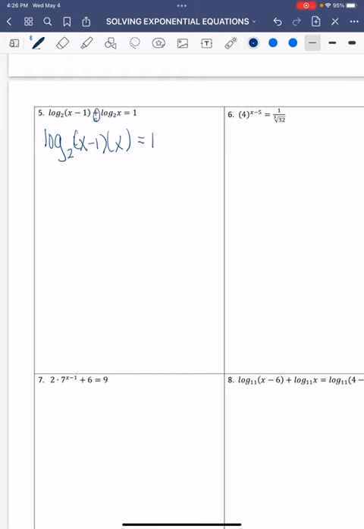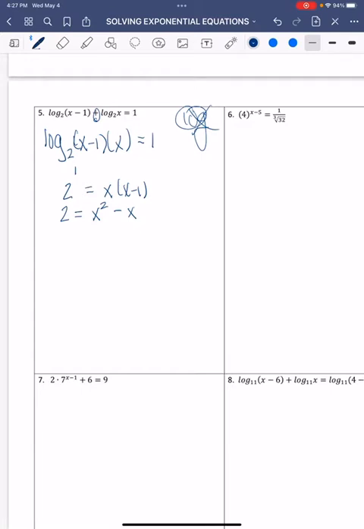I don't have a log on the right. There's no log here, so I can't say, oh, the arguments must be the same. I have to change forms. So when I change forms, I'm going to get 2 to the first equals x times x minus 1.